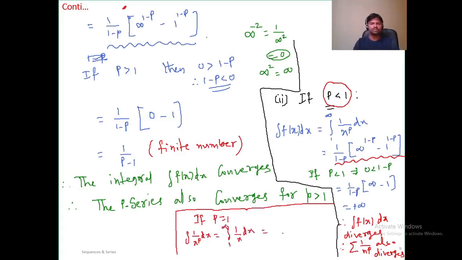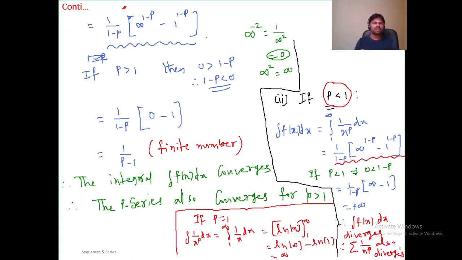This is ln x from 1 to infinity, which is nothing but ln infinity minus ln 1. But ln 1 is 0, and ln infinity is infinity. Therefore the integral diverges. Therefore the series diverges. Therefore overall, what can I say? The series diverges for p less than or equal to 1.